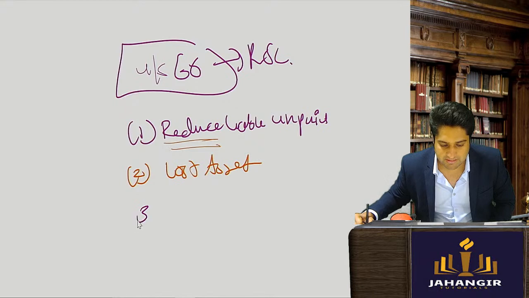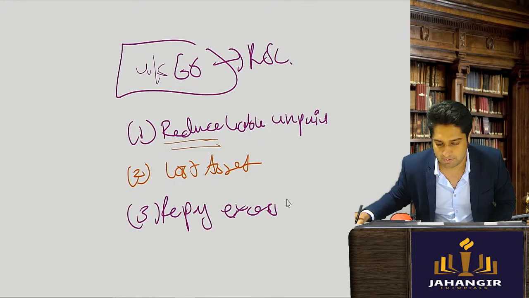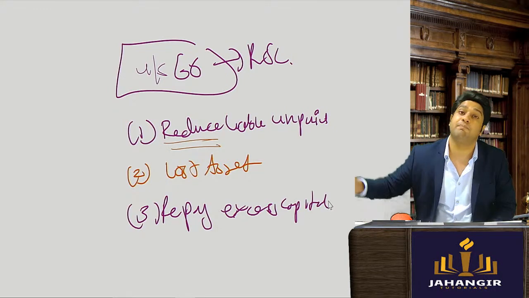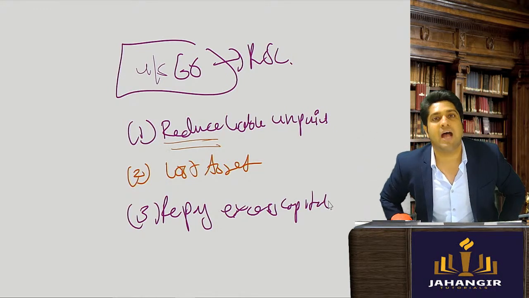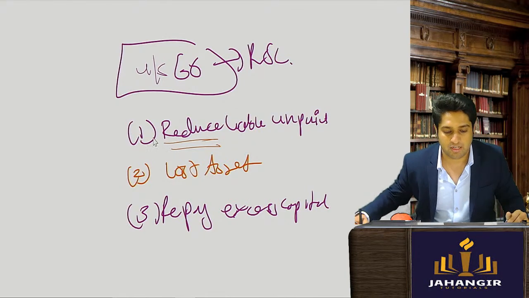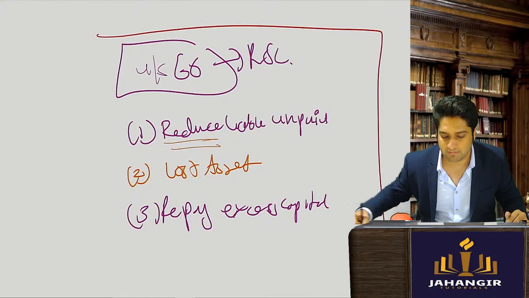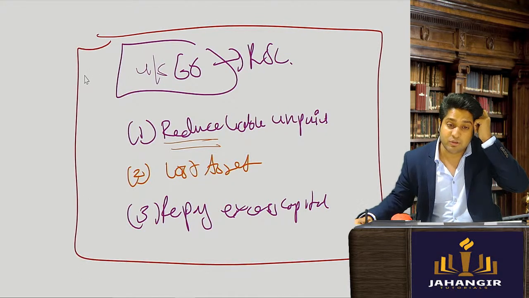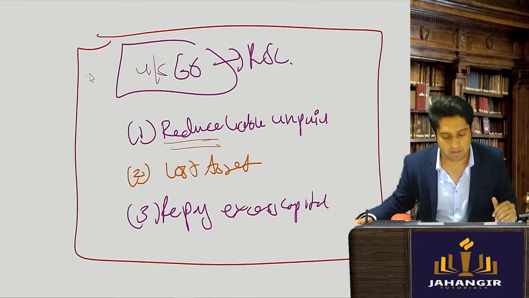And the third is repay excess capital. For example, you have paid up 30,000 and I realize that 10,000 I don't need. So 10,000 will be repaid. So in all these cases, the company reduces its share capital.